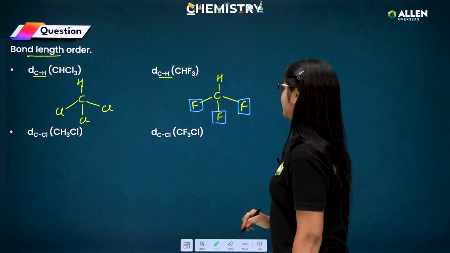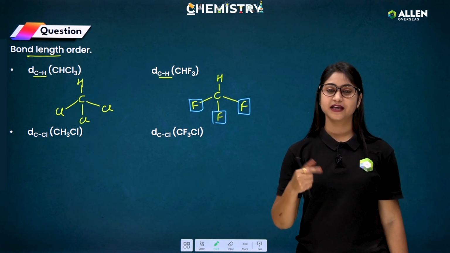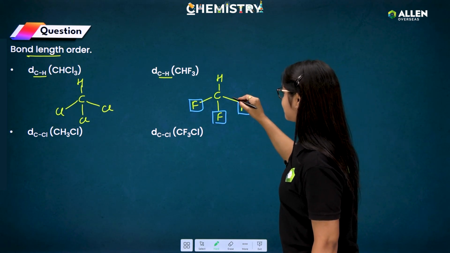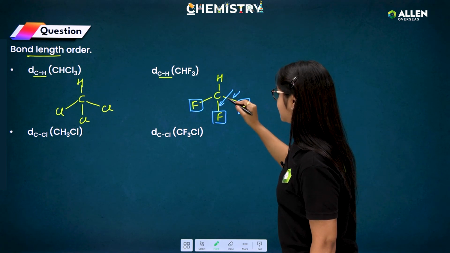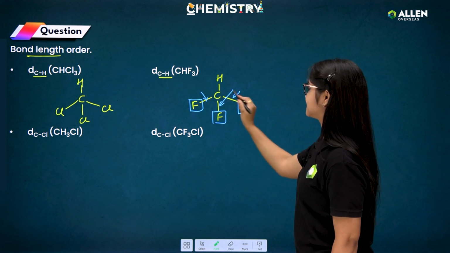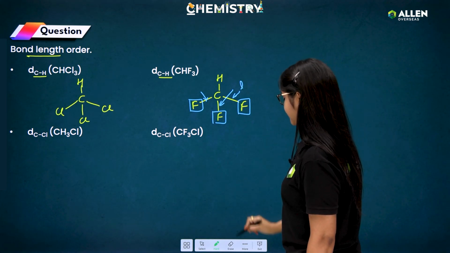So we know that a more electronegative element decreases the percent s character in the hybrid orbital to which it is attached. So these fluorines are attached to these hybrid orbitals, these 3 hybrid orbitals, this one also, right? So in these hybrid orbitals to which they are attached, they are going to decrease the percent s character.